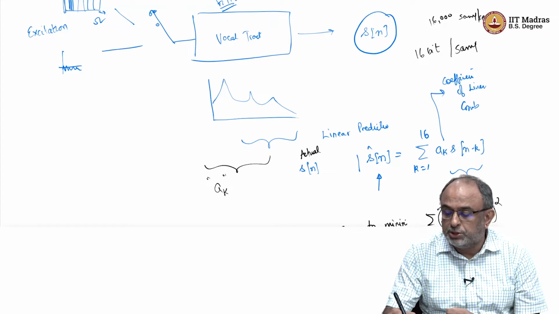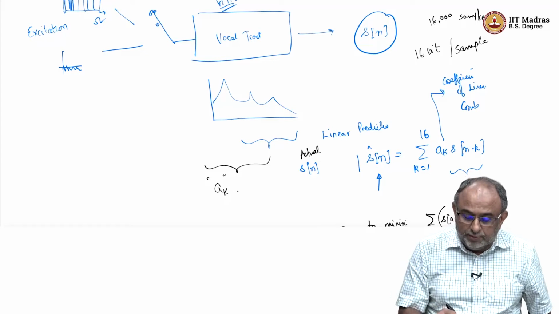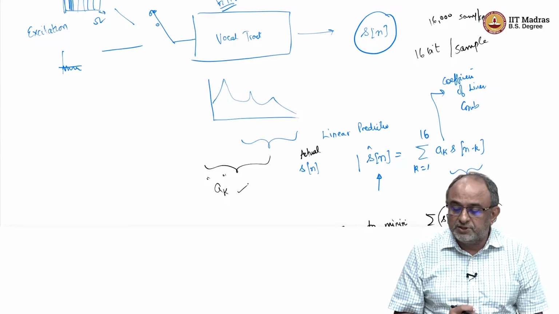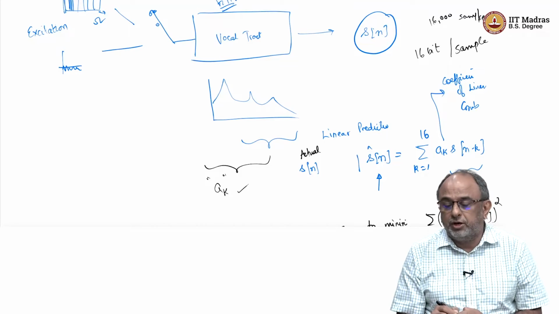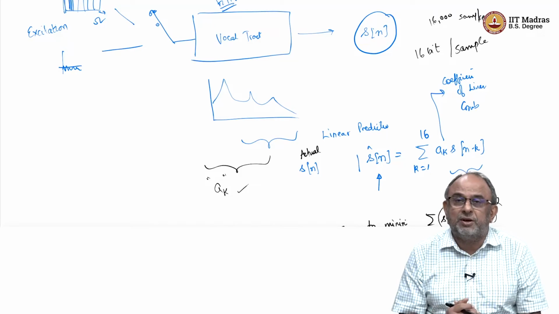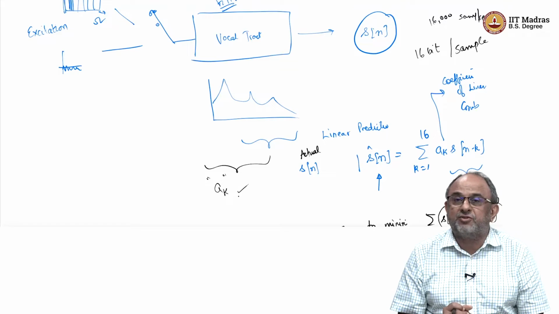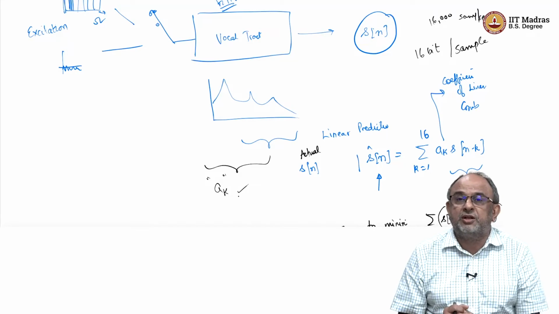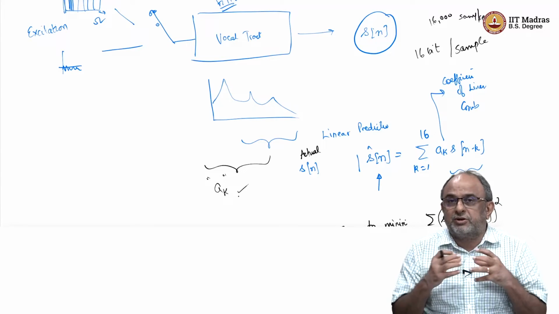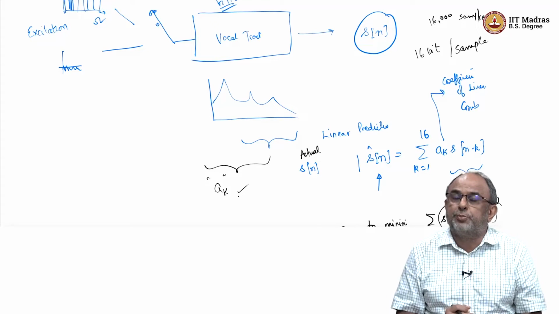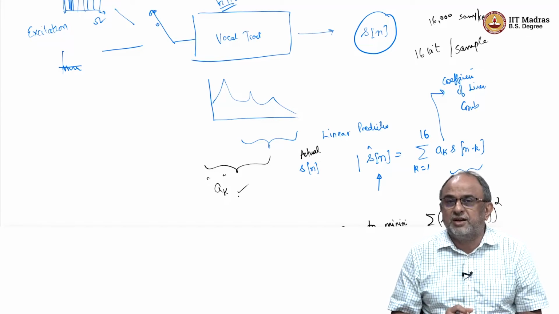So, it is a huge amount of data, 256 kilobits per second, and here I am talking about only 16 parameters, and every 150 milliseconds or so, if I am only updating 16 parameters, it is so much reduction in the bit rate, right. And that is the whole idea, right. You want to, when you transmit also, use as few bits as possible. When you want to store also, you want to compress and store it efficiently, right.